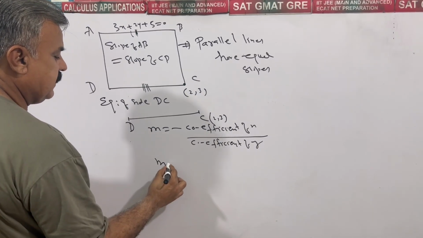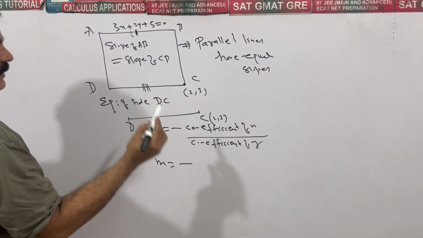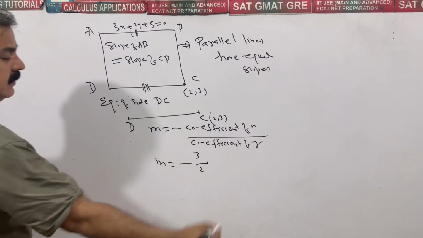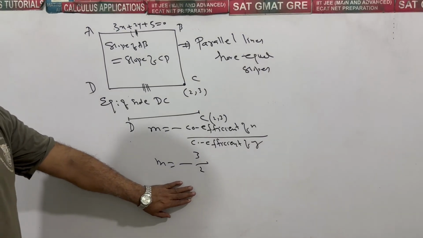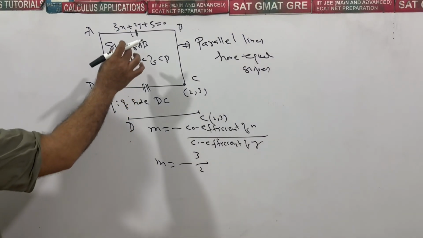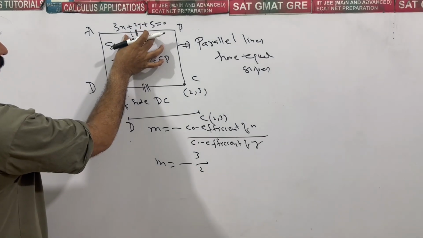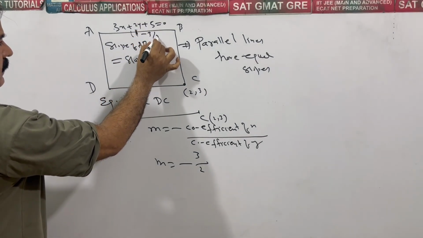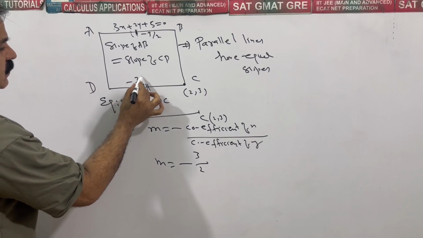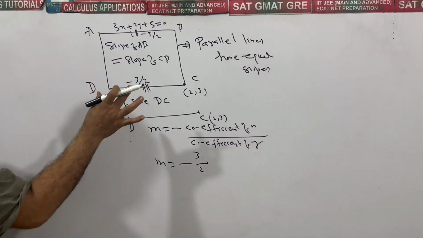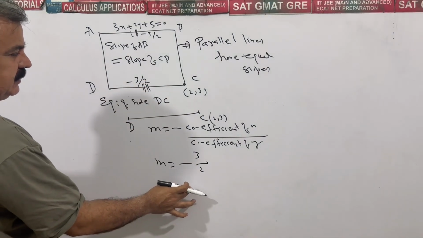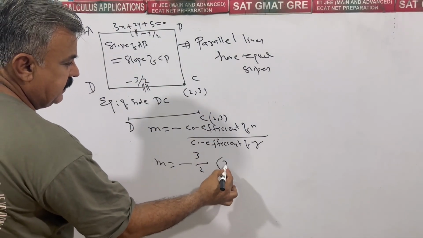The coefficient of x is 3 and the coefficient of y is 2. So minus 3 over 2. So the slope of side AB is minus 3 over 2. The same is the slope of this line by virtue of parallel lines. So the slope of DC is minus 3 over 2 and the point we already have is 2, 3.